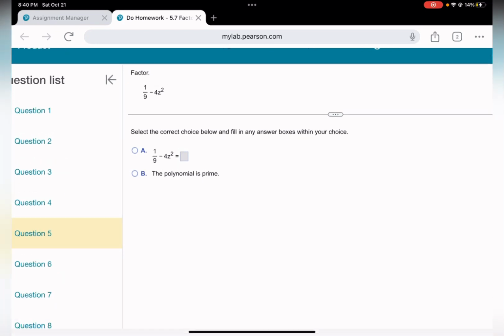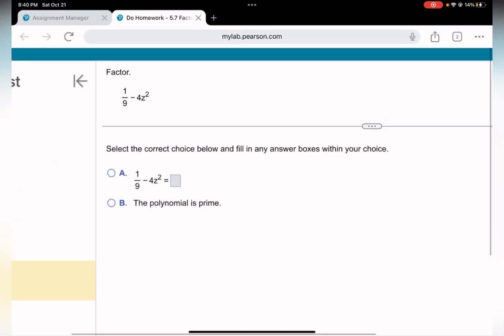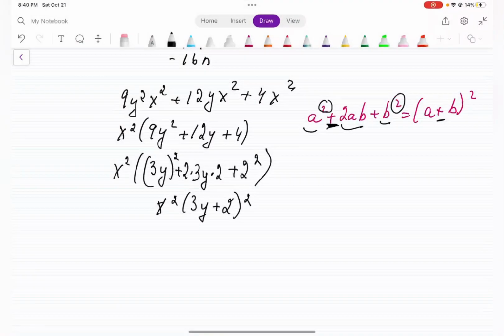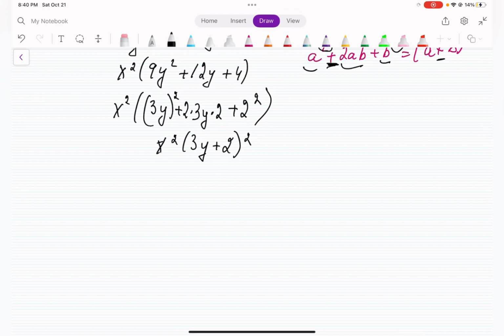Okay, let's move to next type of special formula. 1 over 9 minus 4z squared. Okay, here is the formula we need to learn.